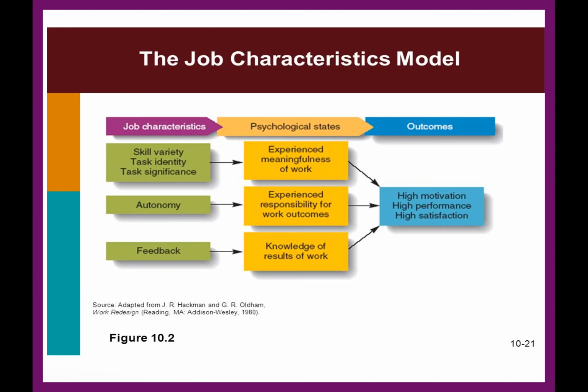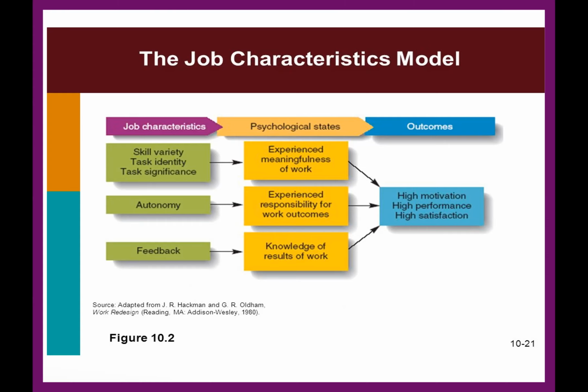The third element is task significance: to what extent the task itself is very important, having a significant contribution to the organization. If it is, we will say that we have a high level of task significance. It means that the contribution is significant and important to the organization.